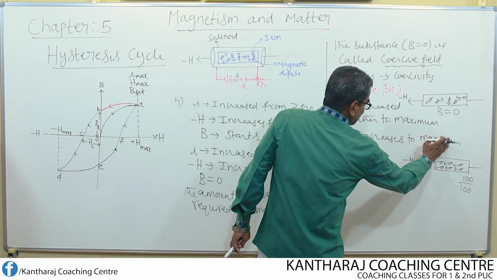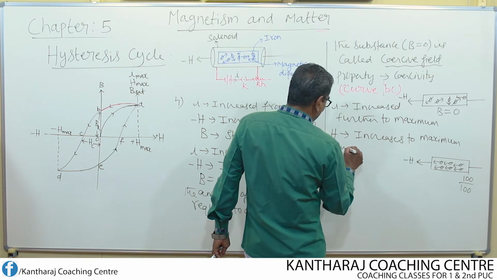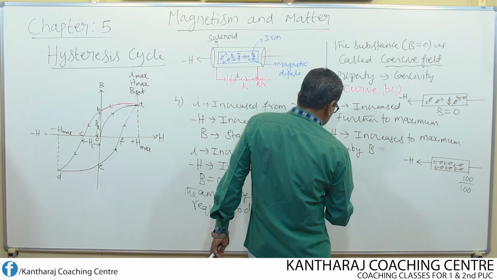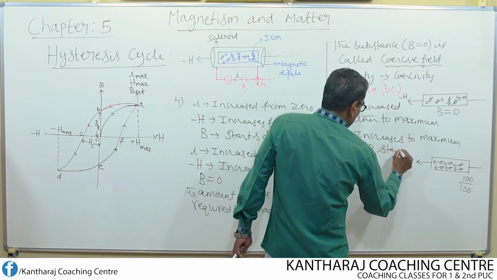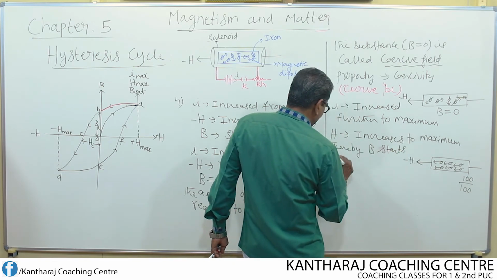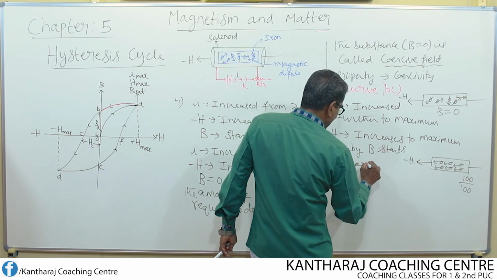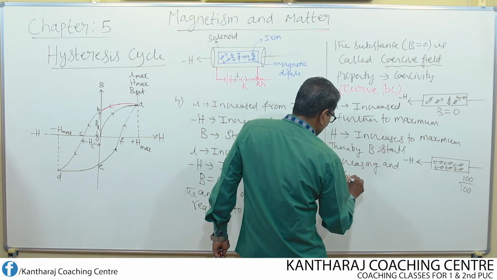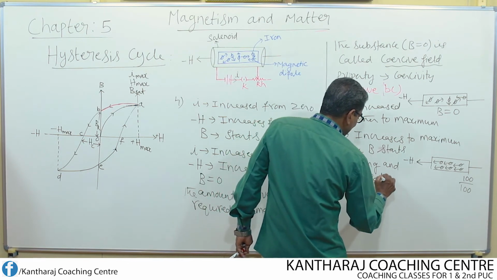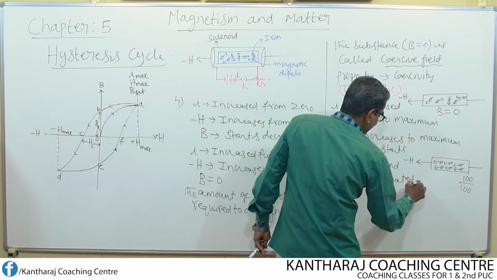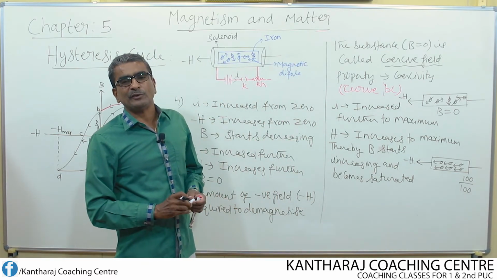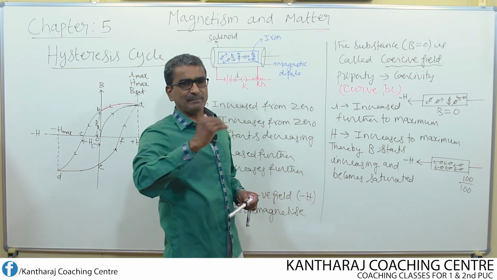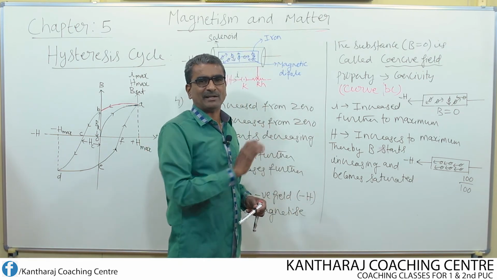So H increases to maximum, thereby B starts increasing and becomes saturated. So even though you continue to increase H, B is not going to increase. It becomes constant. Saturated means remaining constant.